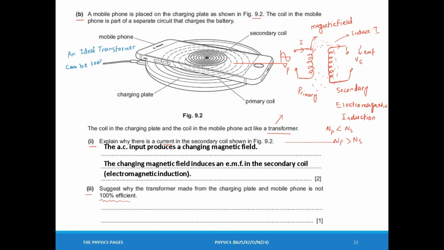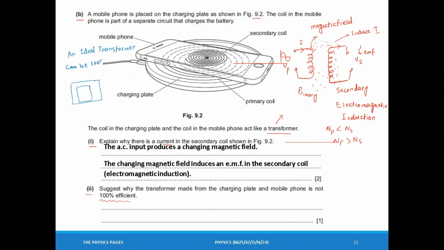Also, there might be another reason because this transformer does not have an iron core. When I draw this transformer, in any real life transformer there is always an iron core.